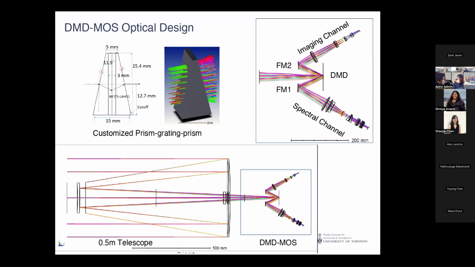This is the optical design I did a couple of years ago, based on the Hubble telescope. This is the DMD spectrograph, basically the same as the concept. We have the imaging channel and the spectral channel, and we adopted a very advanced component, a prism grating prism, as the dispersion element for this system.